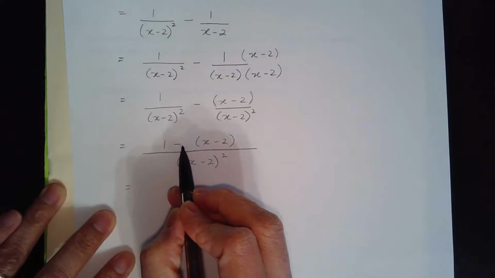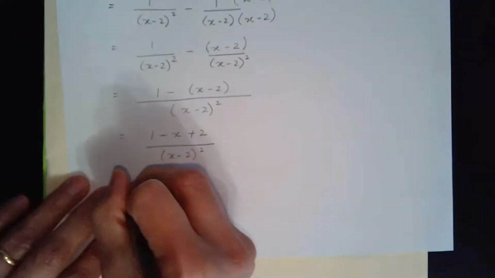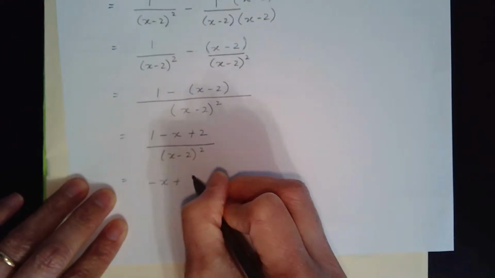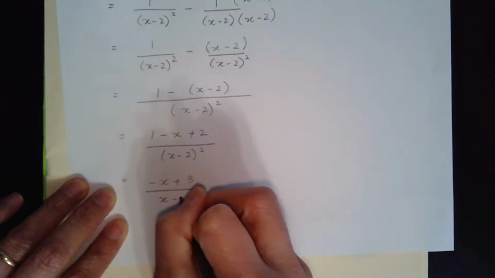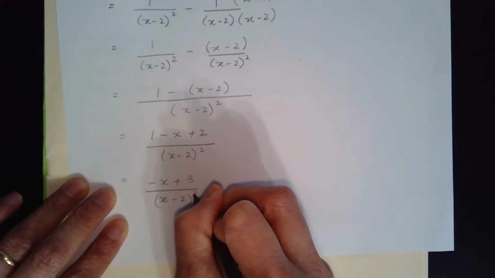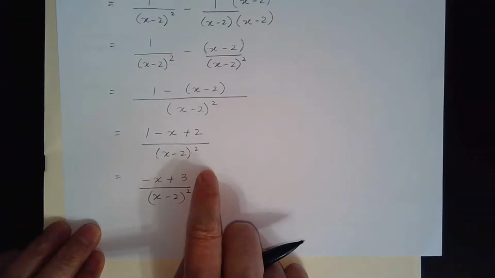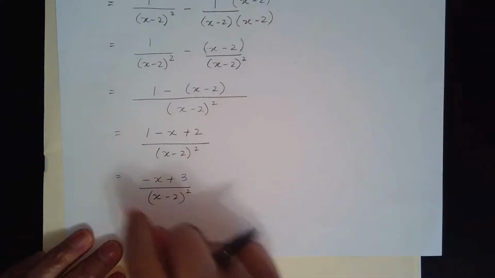So it's 1 minus x minus 2, which simplifies further to negative x plus 3, over x minus 2 squared. So the numerator is negative x plus 3, and the denominator is x minus 2 squared.